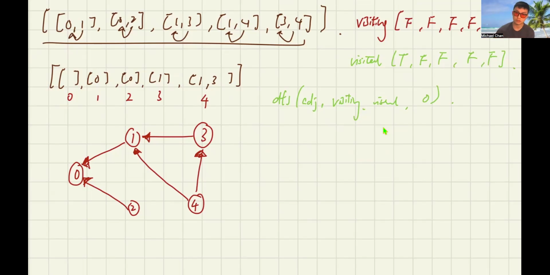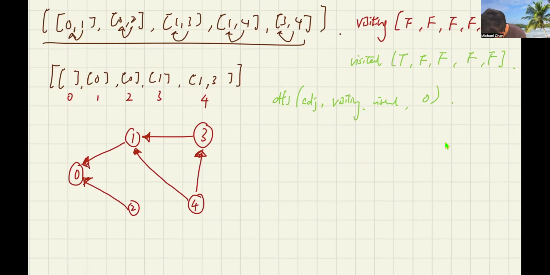And DFS, so this is true, right? So it becomes false, and this is also true, and it becomes false. So this will not happen. False and false will be equals to false, right?